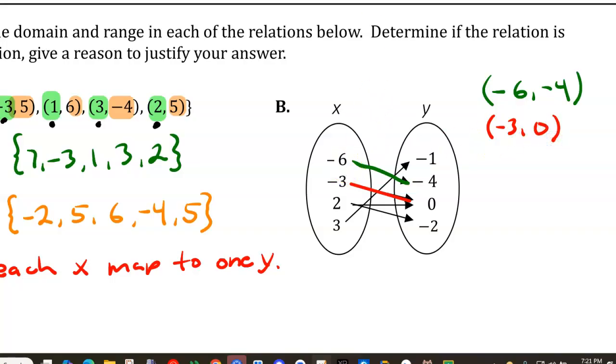Okay. Then we have 2 maps to 0. All right. And then also we have 2 also maps to -2. And the last one here is 3 maps to -1.